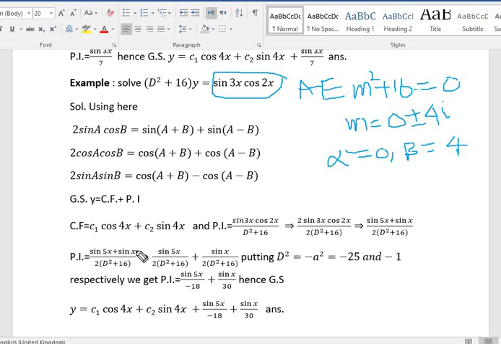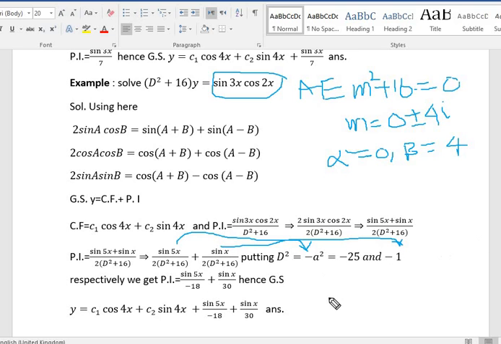So we can write it in two parts: sin 5x divided by 2 times (D square plus 16), plus sin x divided by 2 times (D square plus 16). Now replace D square with minus a square, where a is 5, so minus 25. For the second part, replace D square with minus 1.